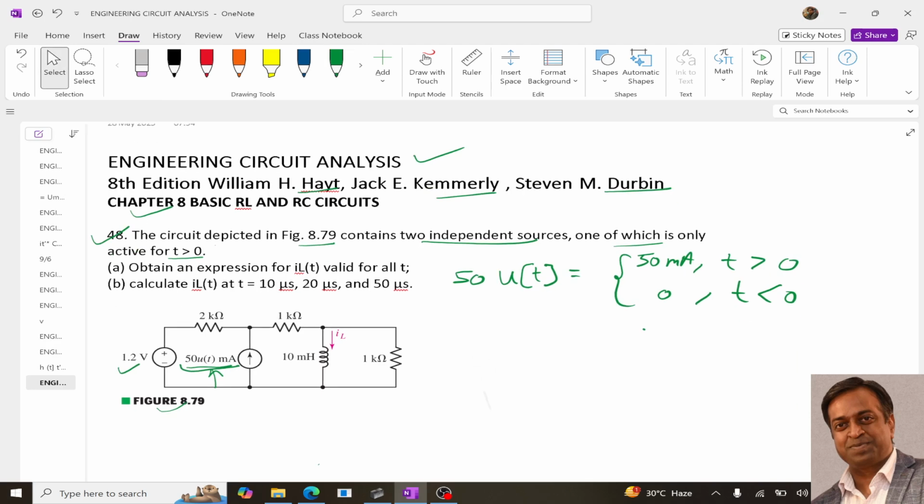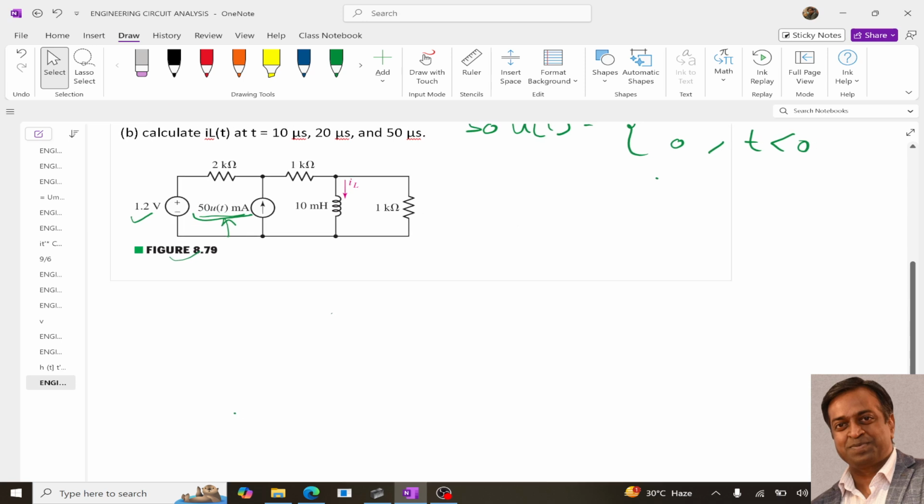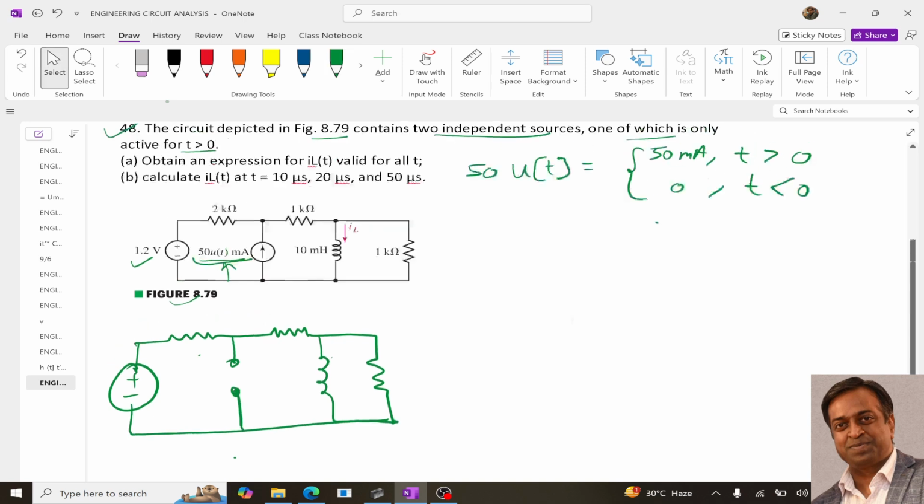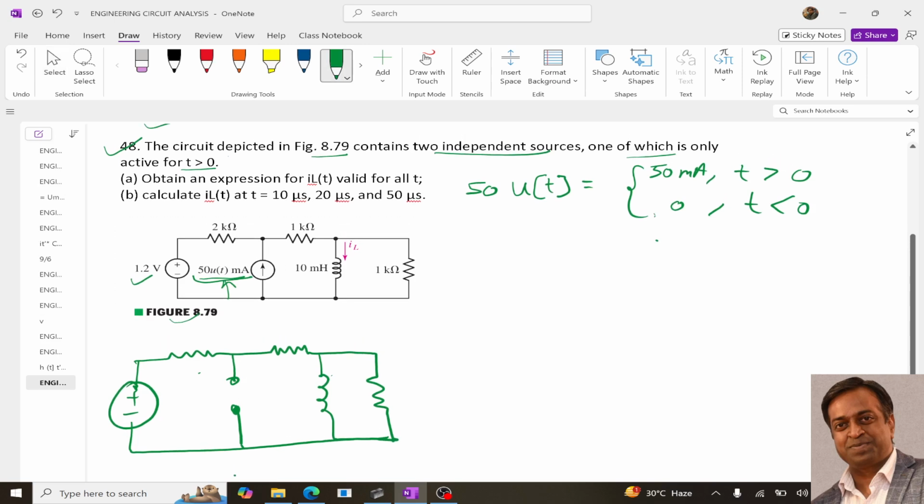From this we can redraw this particular circuit for two cases, one for t less than 0 and another for t greater than 0. So for t less than 0, the circuit will look something like this. Over here this current source, because for t less than 0 the current is 0, means the circuit is broken, it is incomplete.